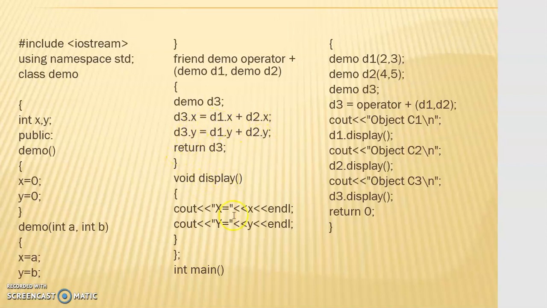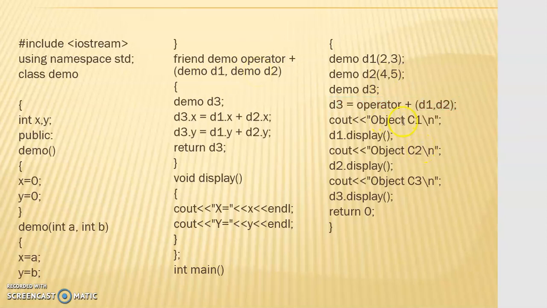The display function exists as such. In the main function you have demo d1, which passes 2, 3, and demo d2, which passes 4 and 5, and you are creating an object d3 which will run the default constructor, and you are calling this operator overloading function, d3 equal to operator plus d1 d2, as specified over here.